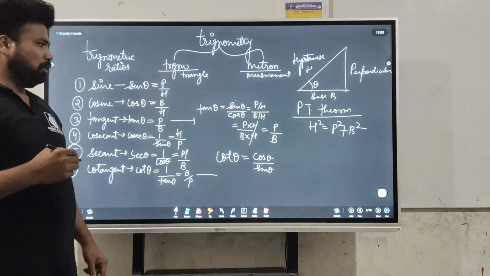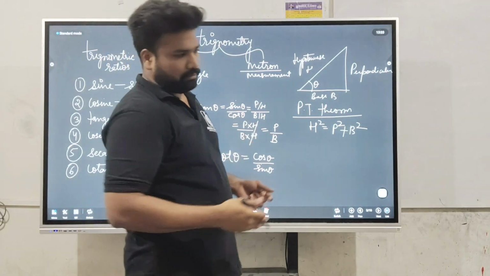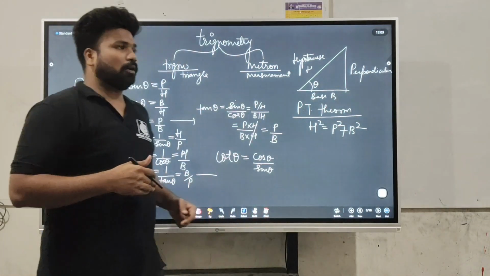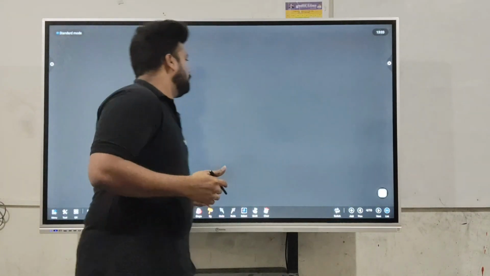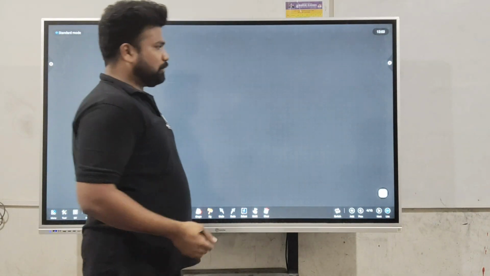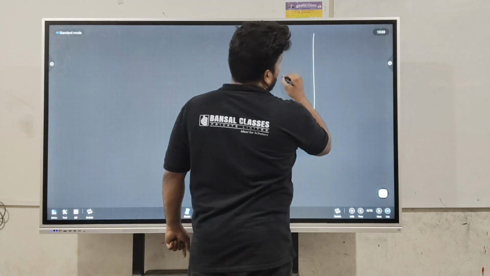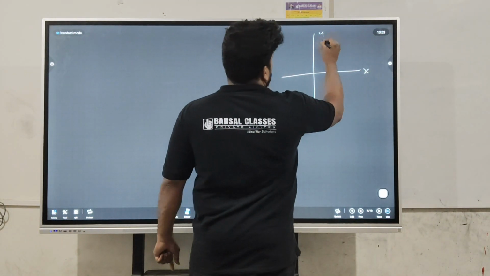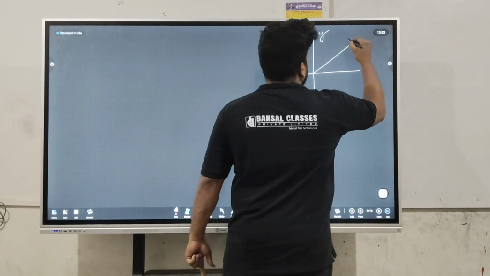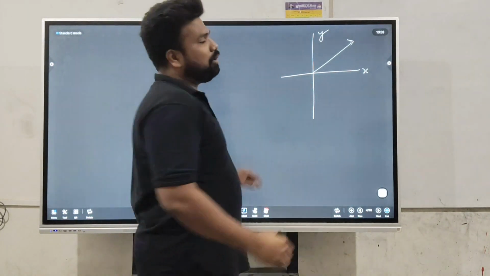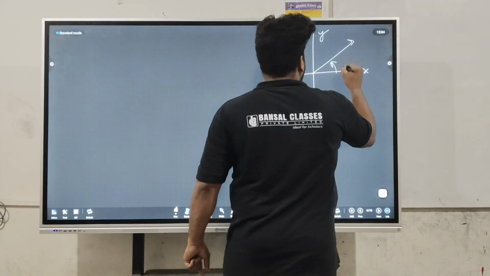Now, how is the angle calculated? If I take the coordinate axes, the x-axis and y-axis, the angles are always calculated in the anti-clockwise direction.